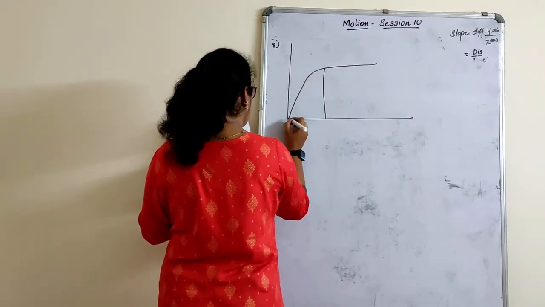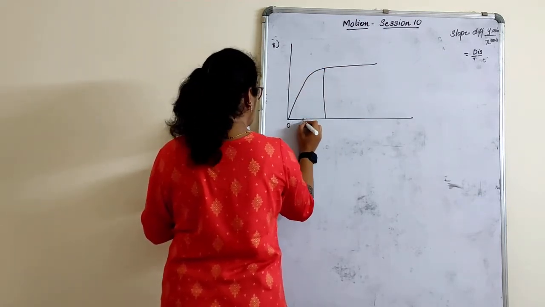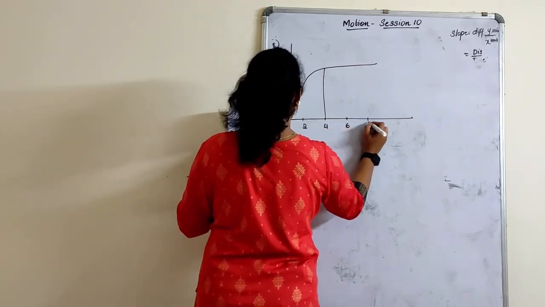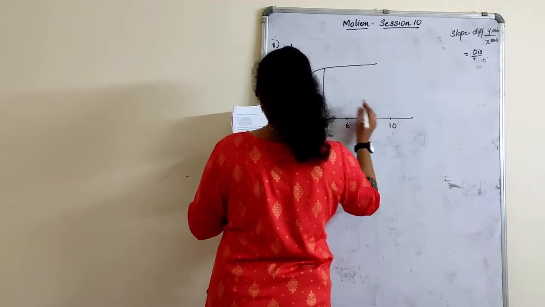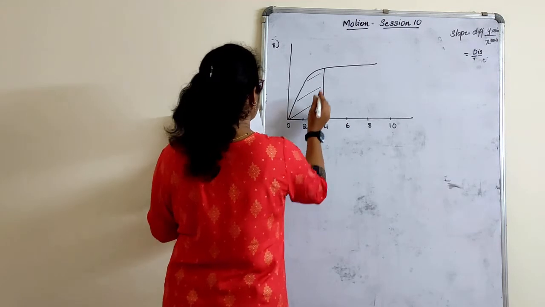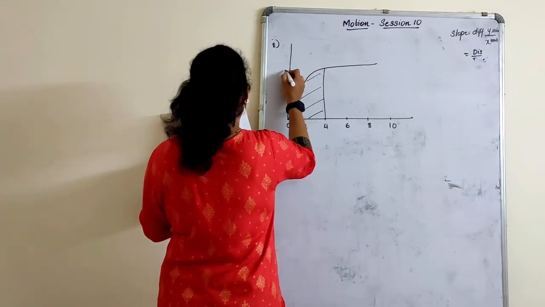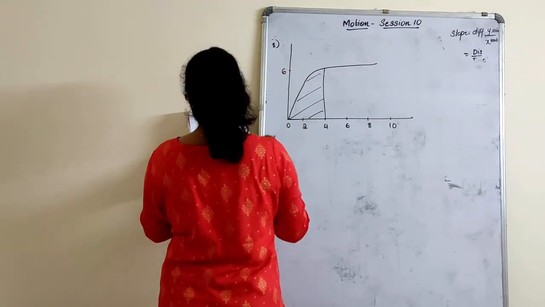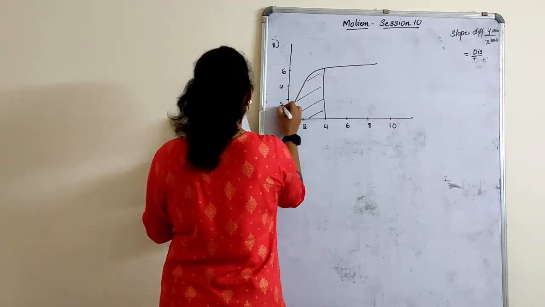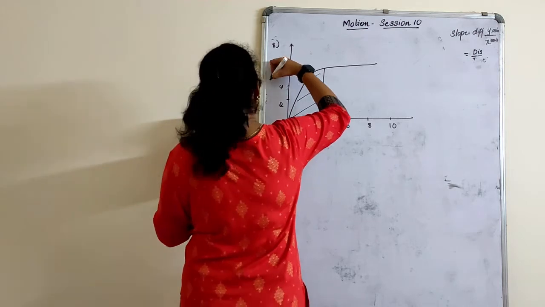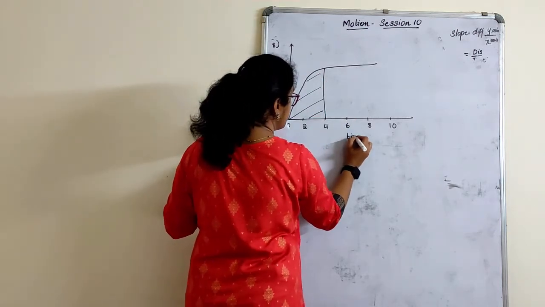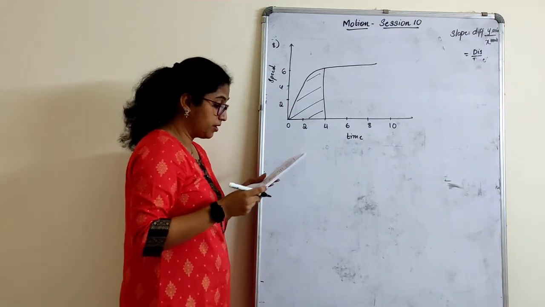That will be very easy for me. 0, 2, 4, 6, 8, 10. So this part is 6, 4, 2. This is speed and this is time.